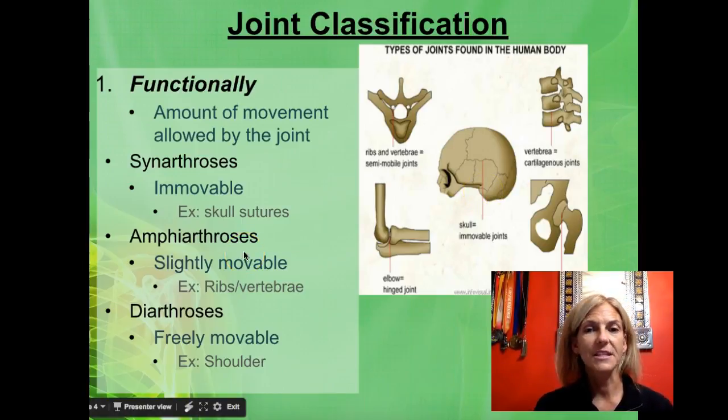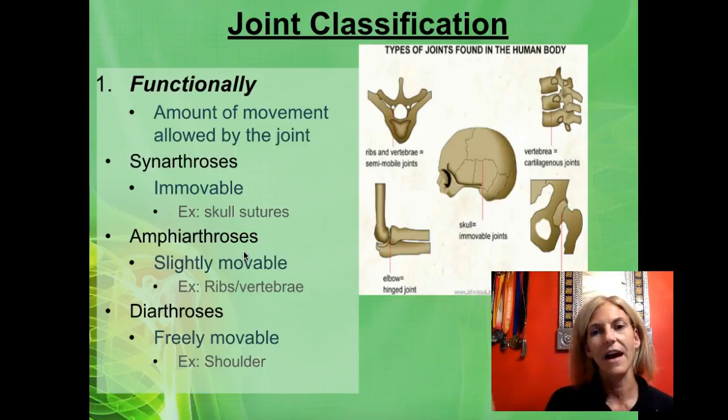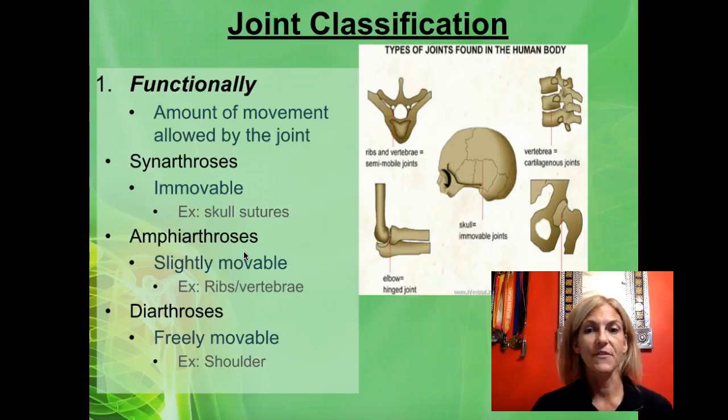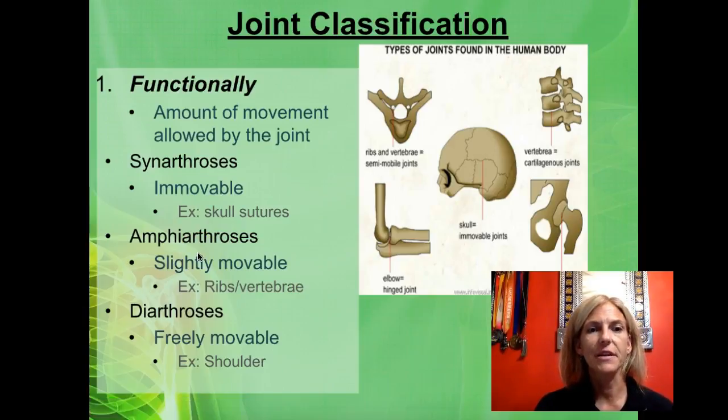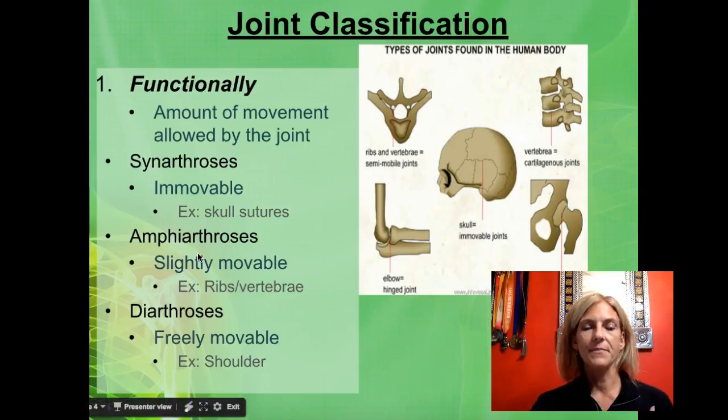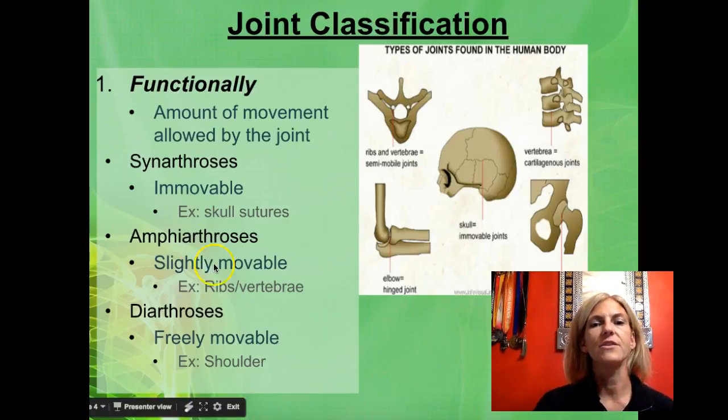Amphiarthrotic joints: amphi is partial, right? You think of amphibian, it's part life in water and part life on land. So that prefix amphi is referring to a little of this and a little of that. So it has a little bit of movement. You have joints within your rib cage, and your ribs can move a little bit, as well as your vertebrae.